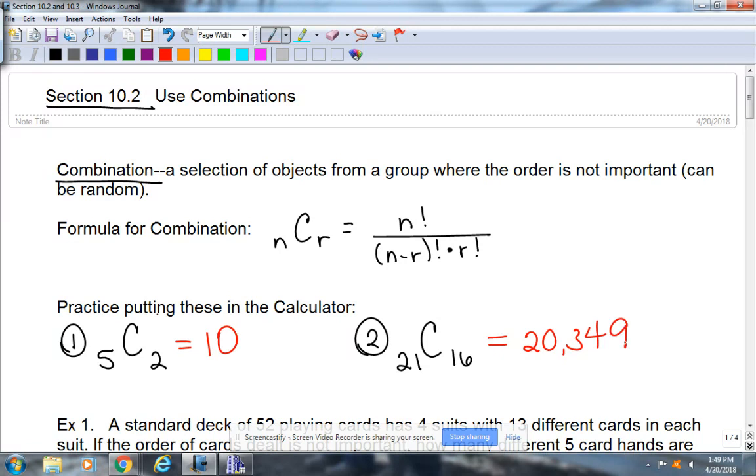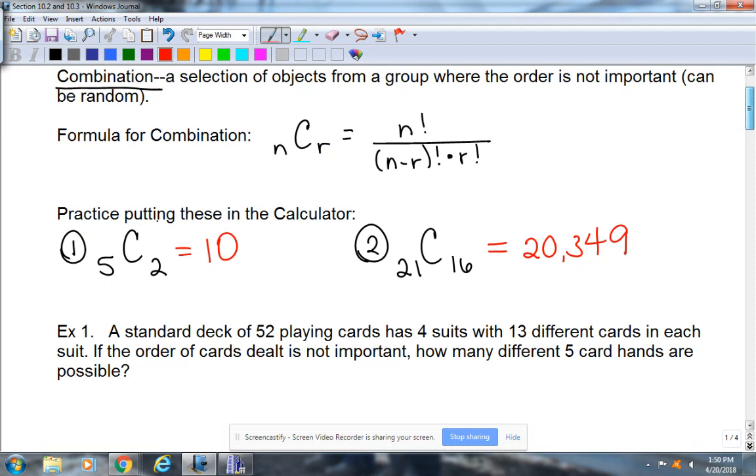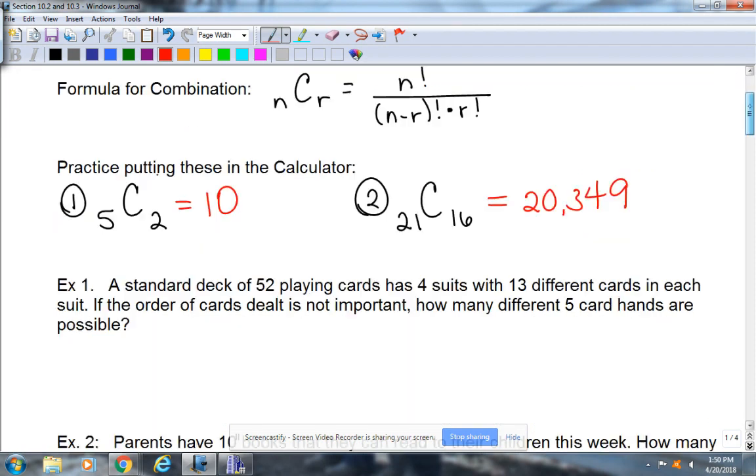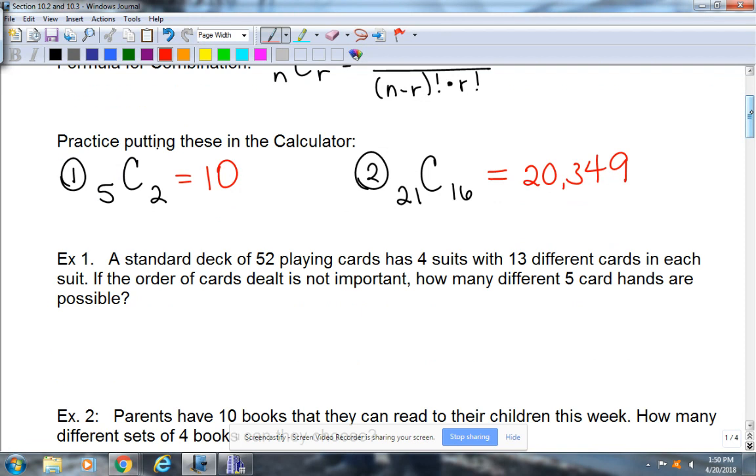Did y'all all get that? Okay, good. All right, so now let's just see what it looks like in a problem. That's why I have typed all these out for you guys, is because they're word problems, and it just takes longer for y'all to copy from the screen than it really does to work the problem. So I'll just have them already ready to go.